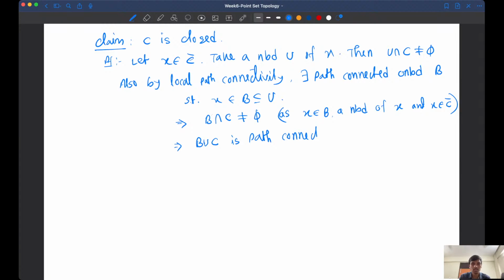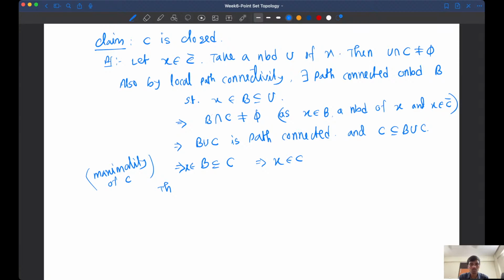And once this is path connected and C is again contained in B union C, so again maximality of C will imply that B lies inside C, and already I know X belongs to B, so this implies X belongs to C. Thus the closure of C is contained in C, this implies C is closed because C is already contained in its closure. Fine.